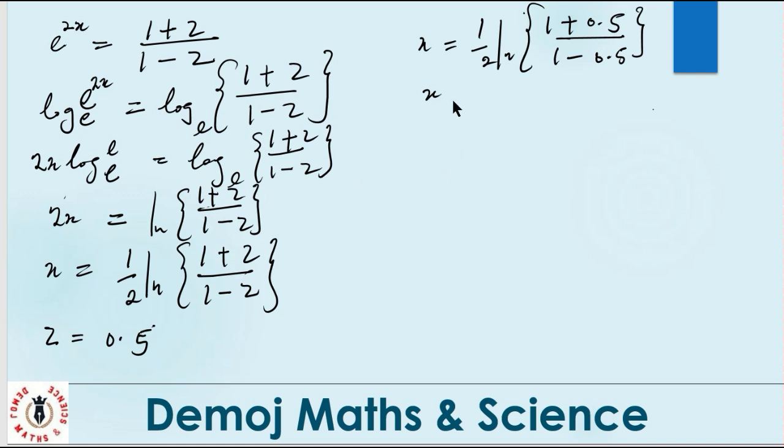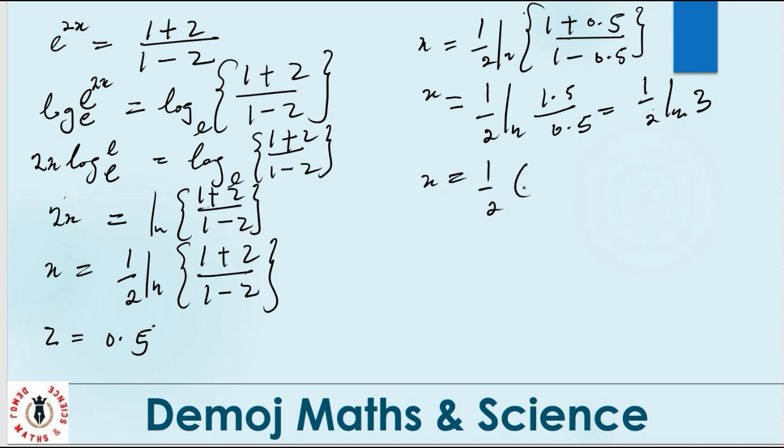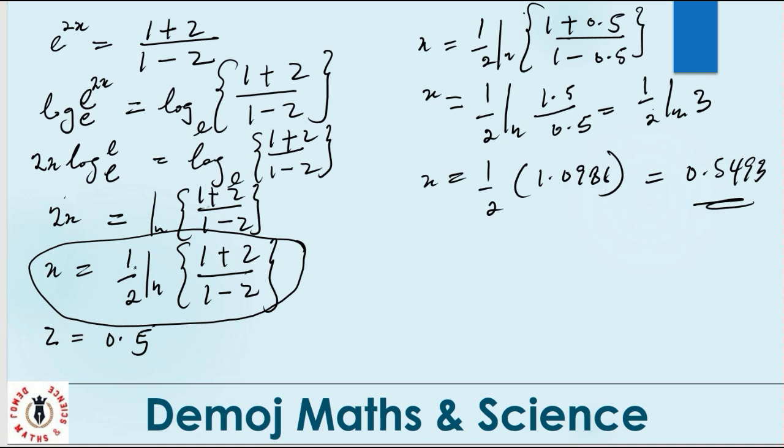So x now really equals half the ln of 1 plus 0.5, that's 1.5, over 1 minus 0.5, that's 0.5, which is equal to half ln of 3. Now the ln of 3 from our calculator is 1.0986, and half of this is equal to 0.549. The good thing is you can take this as a standard formula for evaluating the inverse hyperbolic function of tanh of x.